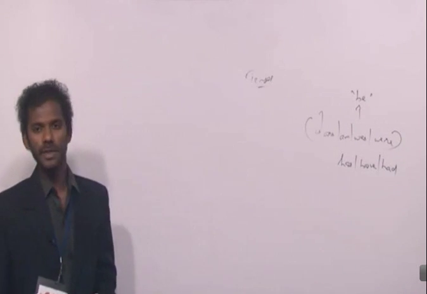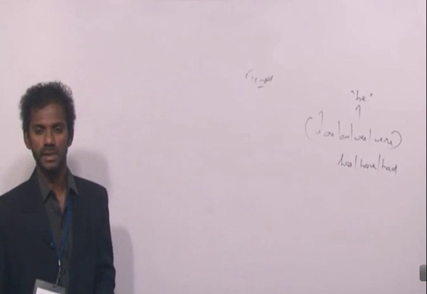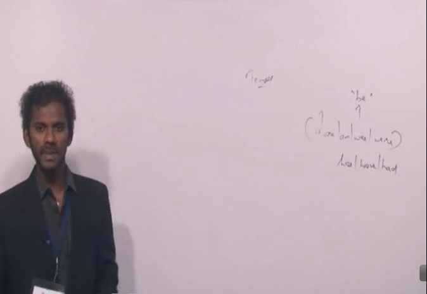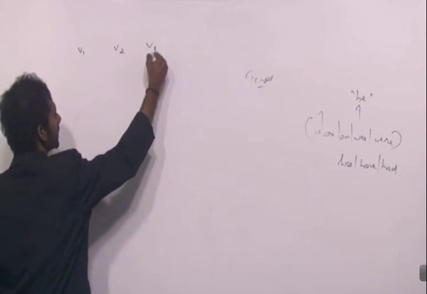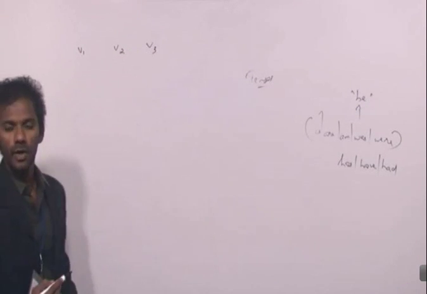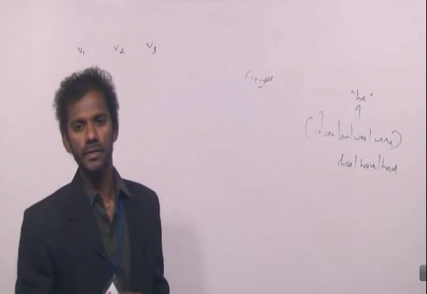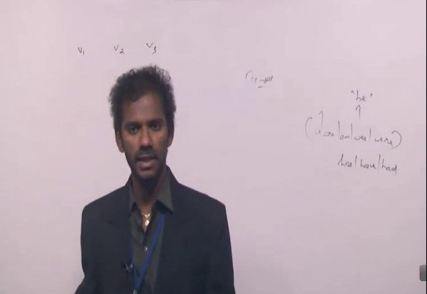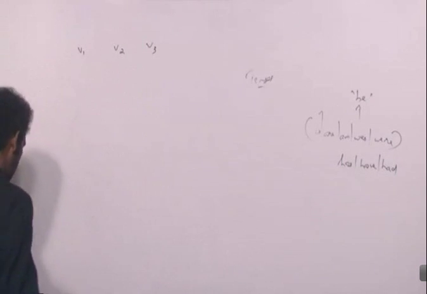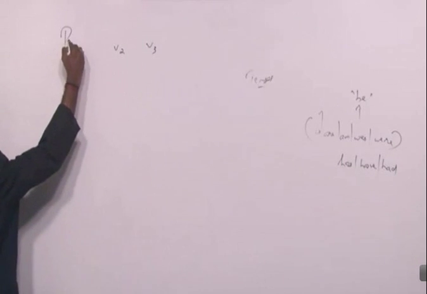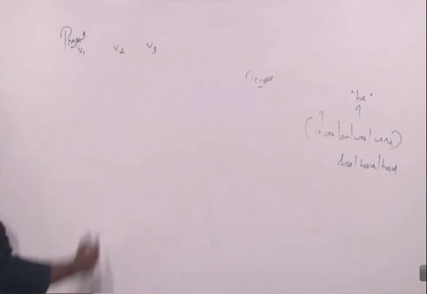Now all main verbs have got three forms, and the three forms of every main verb are V1, V2, V3. All main verbs, all actions have got these three forms.